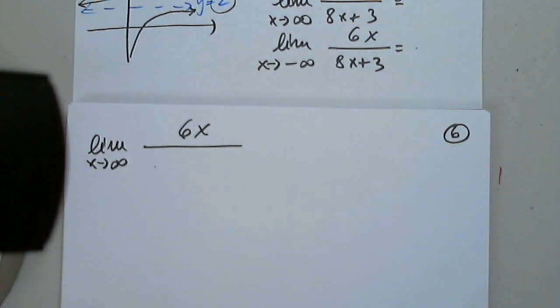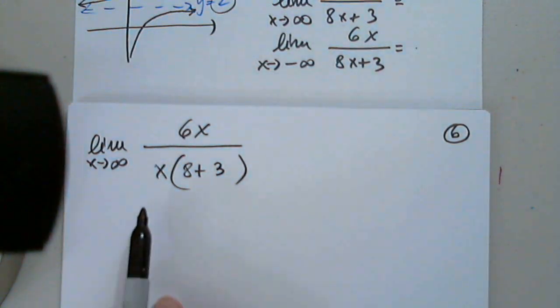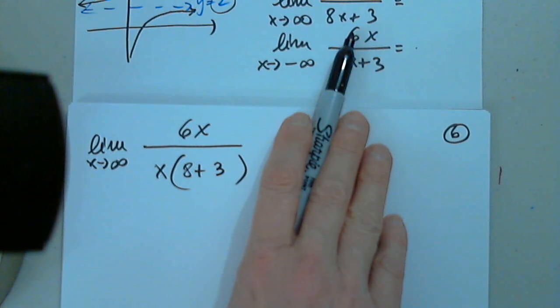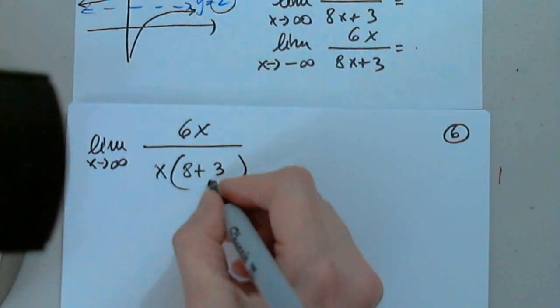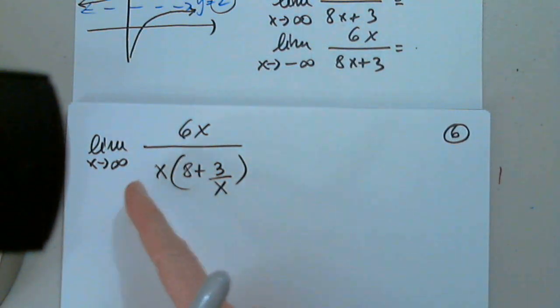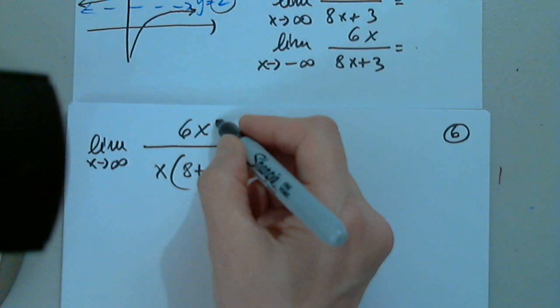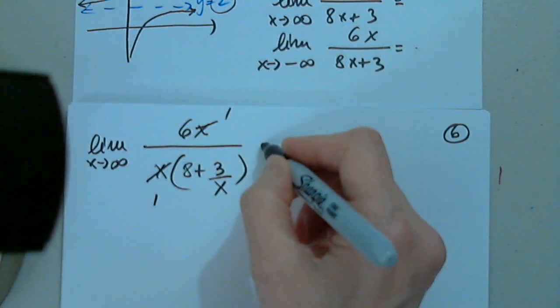X. Yes, the degree, very good. And what is left in parentheses? 8 plus 3. But if I write a plus 3, that's not 8x plus 3. 3 over x. 3 over x indeed. So x times 8 is 8x. x times 3 over x is 3. Is that okay? Good. Now we simplify this and we get 1.